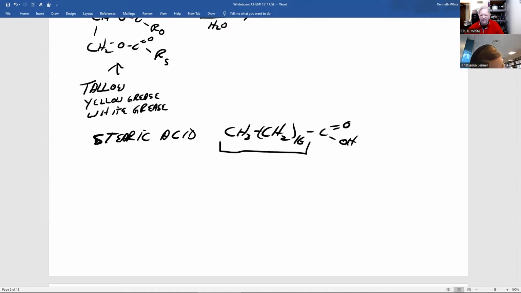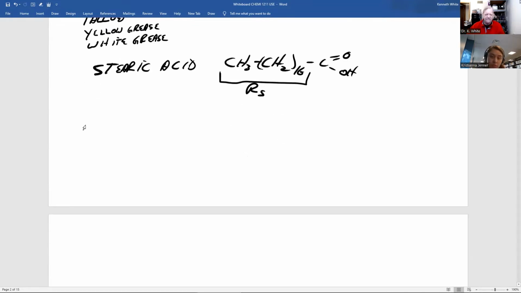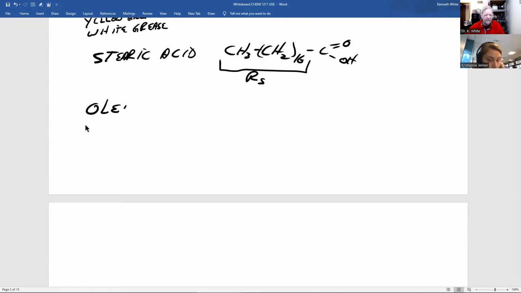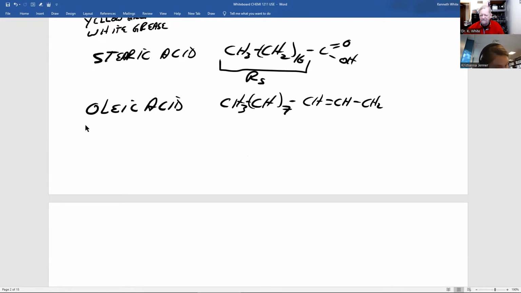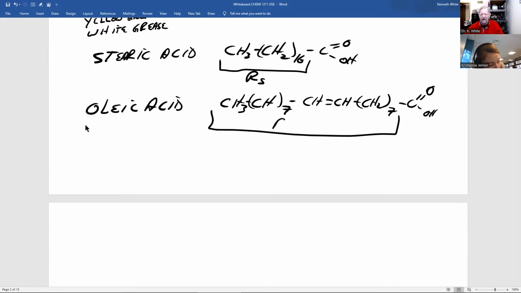And in the fat or oil above, this is what I mean by R sub S. This is oleic acid. And this whole area here is what I mean by R sub O.